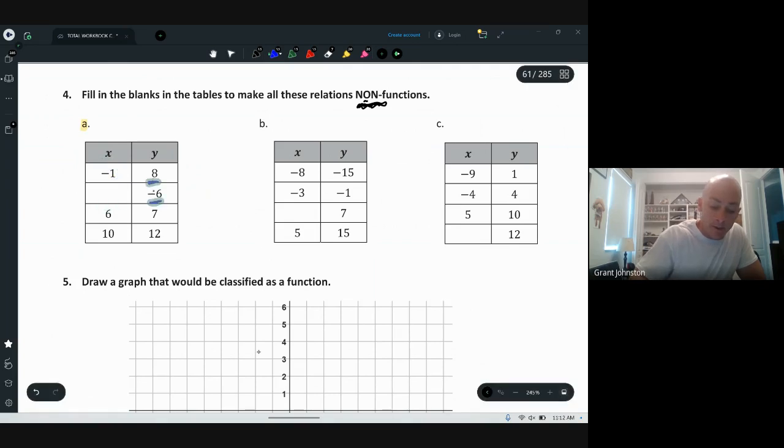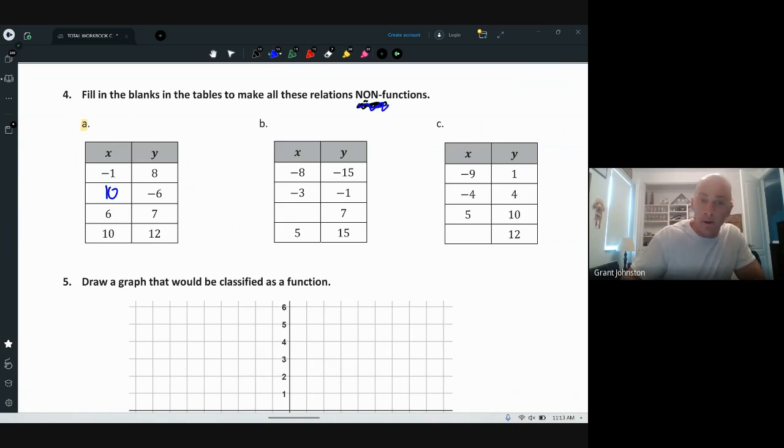I could even put 6, because we'd have 2 outputs for 6. Heck, I could even put 10, because we would have 2 outputs for 10. It really doesn't matter which one you use. I'll just stick the 10 in there. That would make it not a function. So easy, right? That's what a function is and what a function isn't. Okay, and I'll let you make up your own graphs and all that down there as well. Okay.